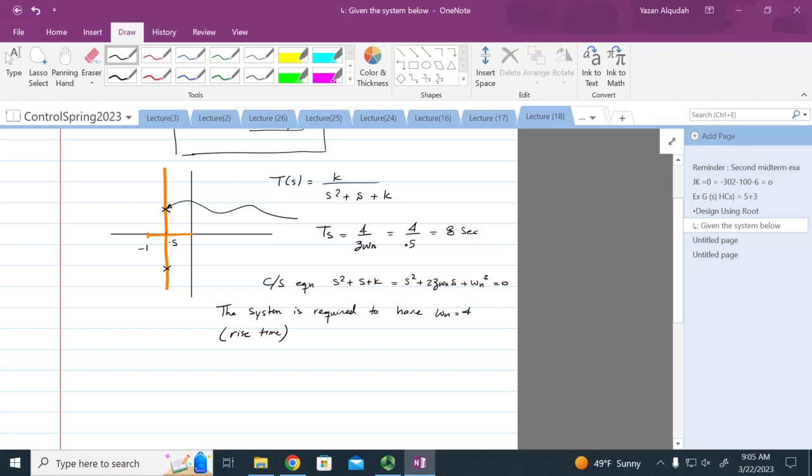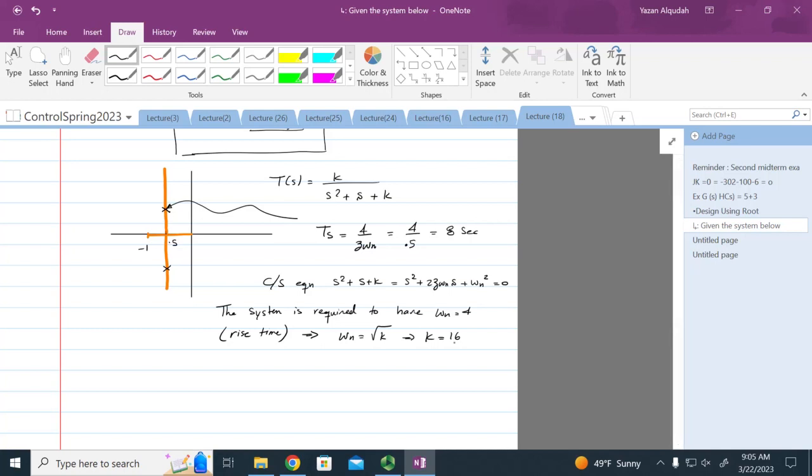So if omega n is equal to 4, then what is k? If omega n is equal to 4, what is k going to equal to? Omega n is equal to square root of k, and therefore k is going to equal 16.